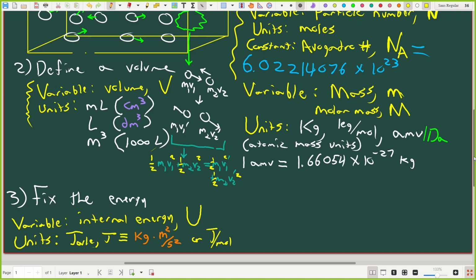So pressure is just the response of the system to changes in volume, and that has something to do with energy. When we change the volume, we change the pressure, which means we're changing the energy of the system. So this is not an independent variable. It's a function of the other variables.